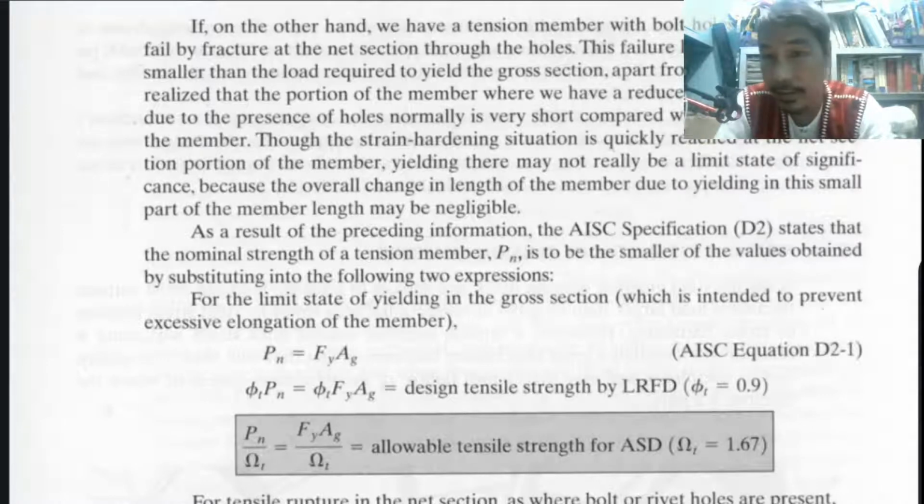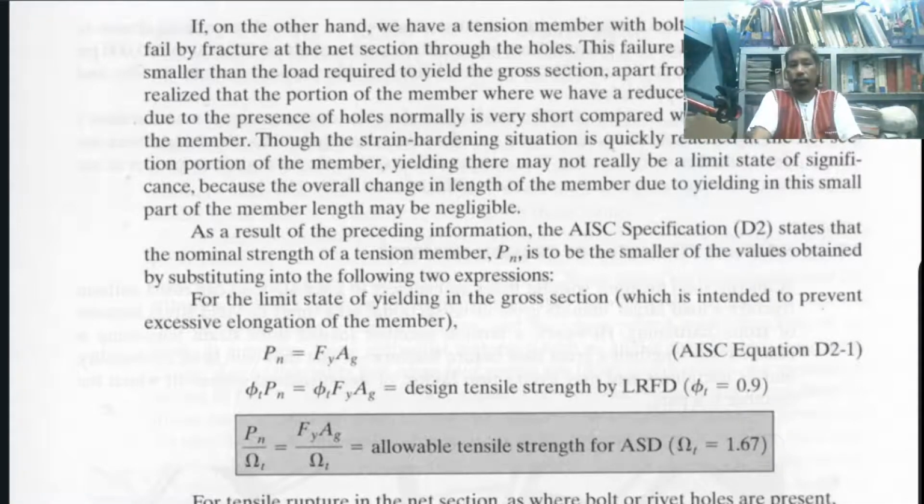Okay, yield stress. We have the idea that the unit is MPa. So the unit of Pn or nominal force is Newton or kilonewton.